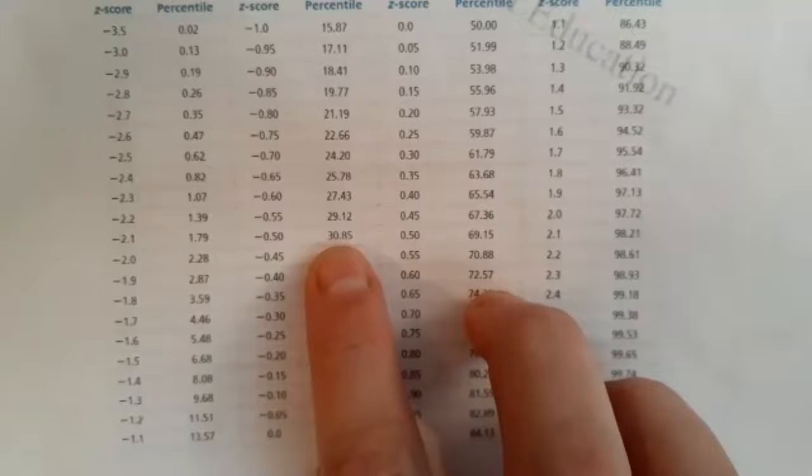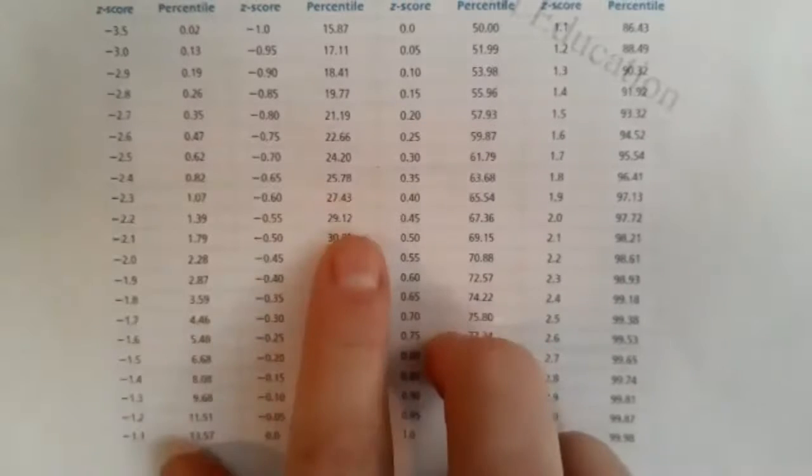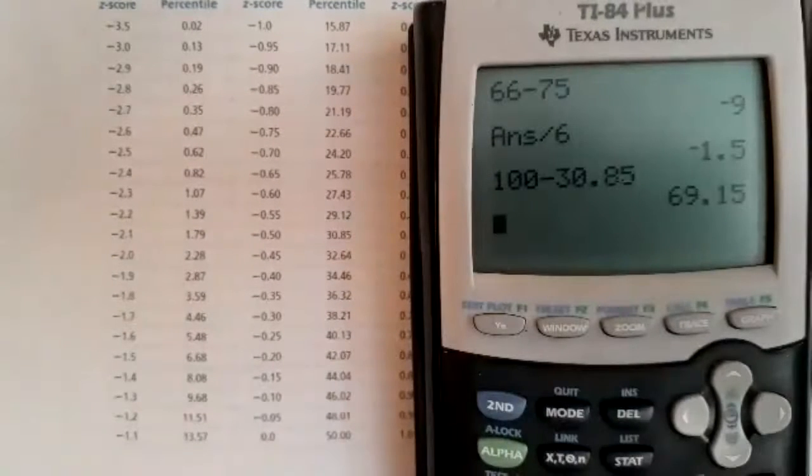If she is taller than 30.85, then what we want to do is subtract 100 from that. And if we subtract 100 minus 30.85, so 100 minus 30.85 should give you the 69, or it's close to 69. I guess I could do it. 100 minus 30.85, it will give us 69.15, right?